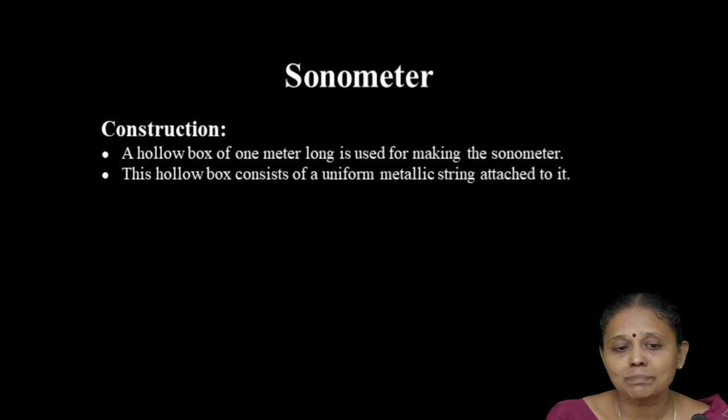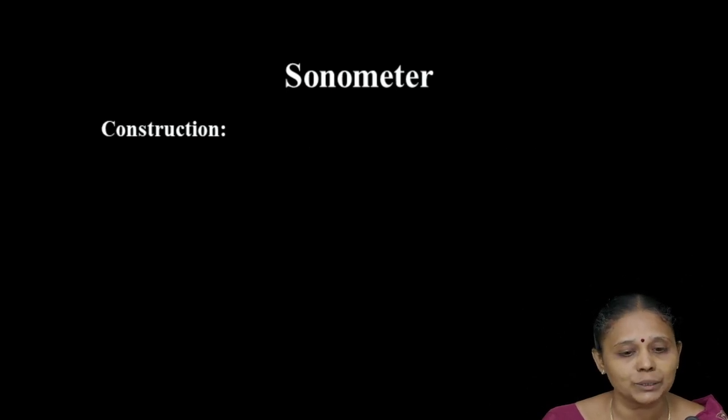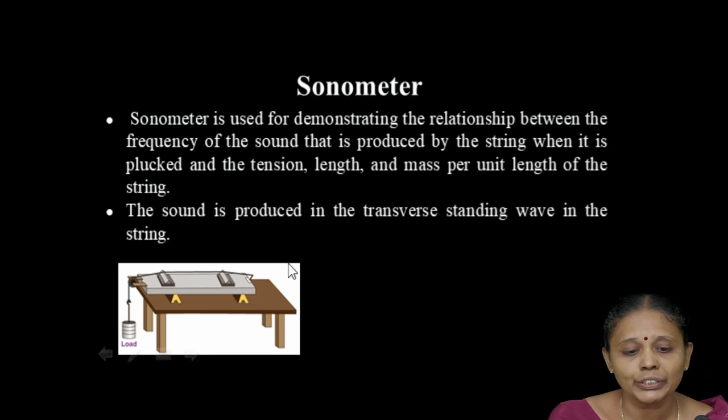The construction behind that sonometer is, it consists of a hollow box of 1 meter long, and it consists of a uniform metallic string 1 meter in length attached to the wooden board.